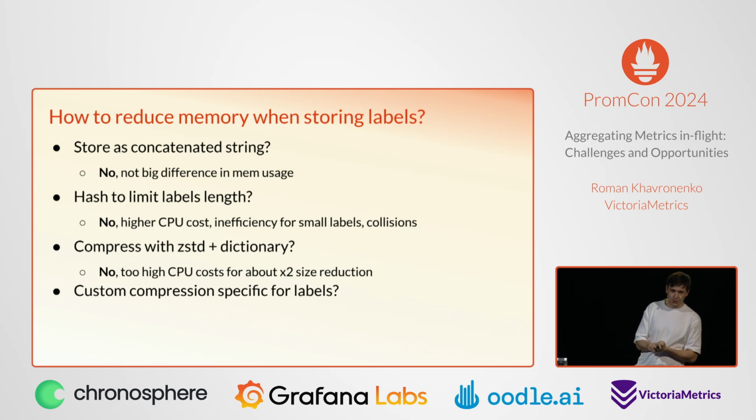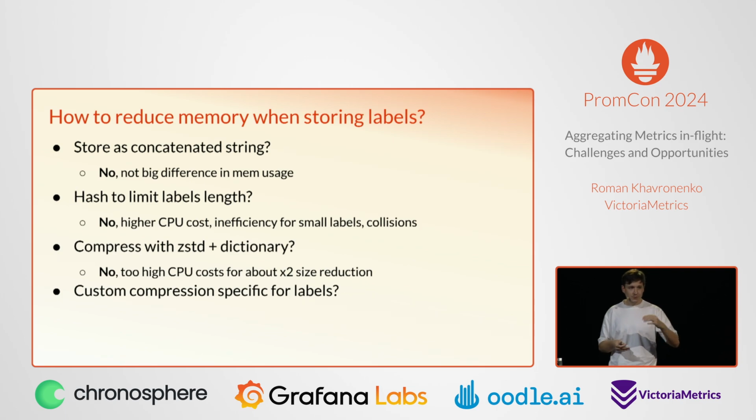What did we try to do with that? Well, we tried to store not slices, but a concatenated string, which didn't show much benefit. We tried to use hashing to make it predictable, so big labels would be hashed to a limited label size, but that's a bad idea because you can't unhash it back, and you will need to unhash it back when you push to the remote write protocol.